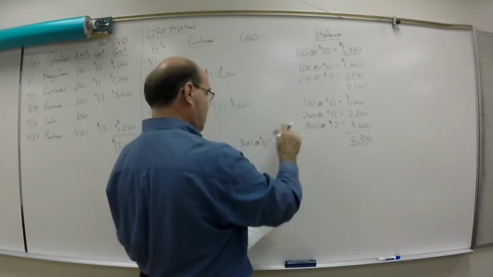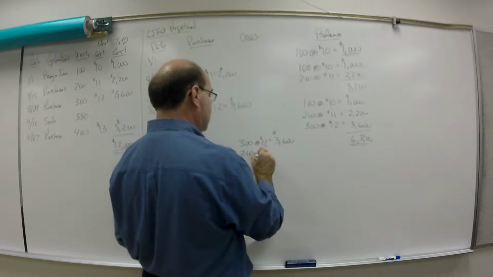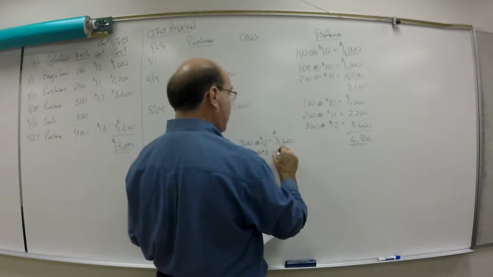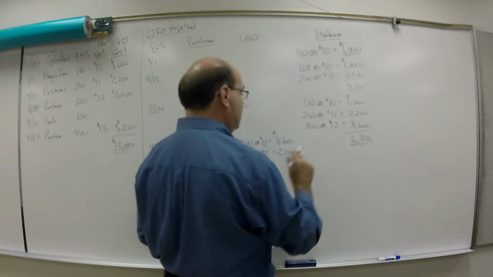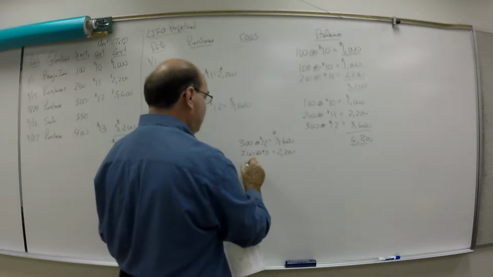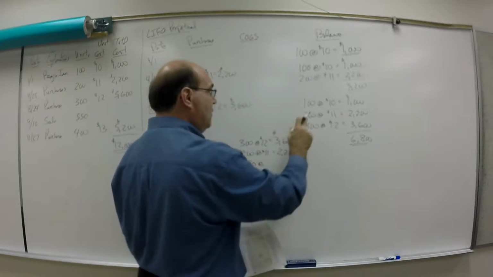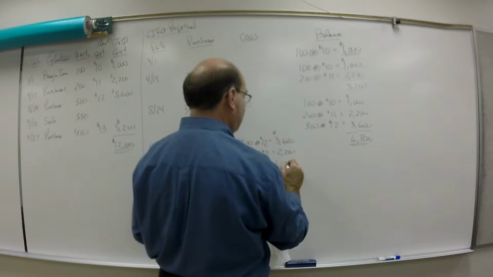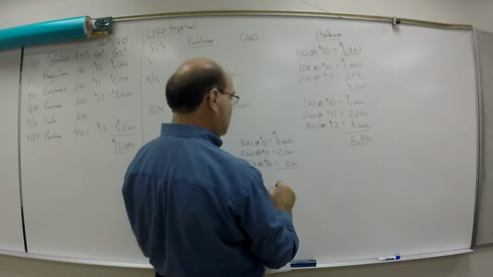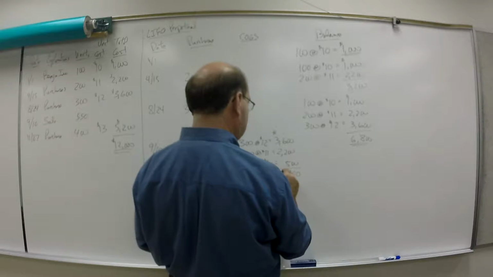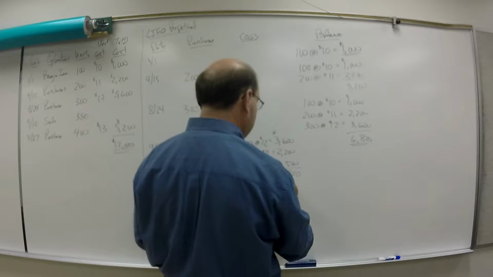The next layer, well, 200, we're going to sell all of those, because that still doesn't get us to the 550. So that's the amount that we sell, the 2,200. Now we've sold 500, we need another 50. We're going to take 50 out of this layer, the 10, right? So that's 500. So now when we add this all up, that's 6,300.